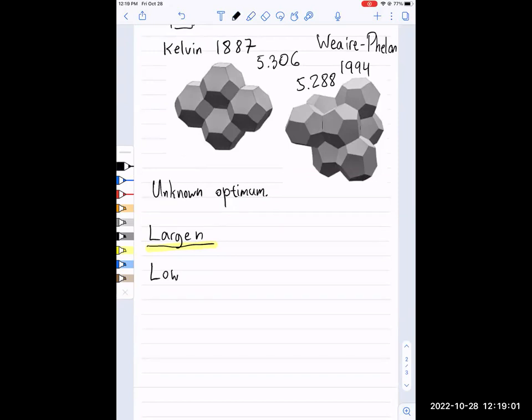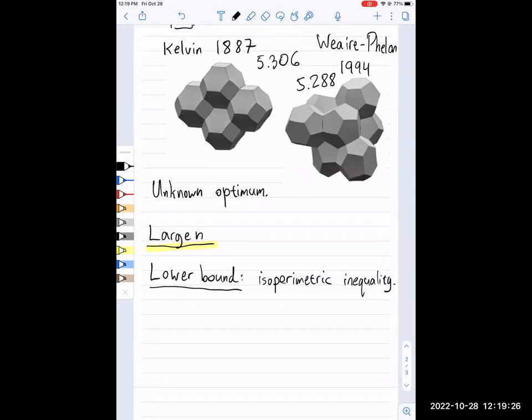So there's a lower bound. There's an easy lower bound that follows from the isoperimetric inequality, which basically tells you that if you have volume 1, then the best surface area you can get is a sphere.